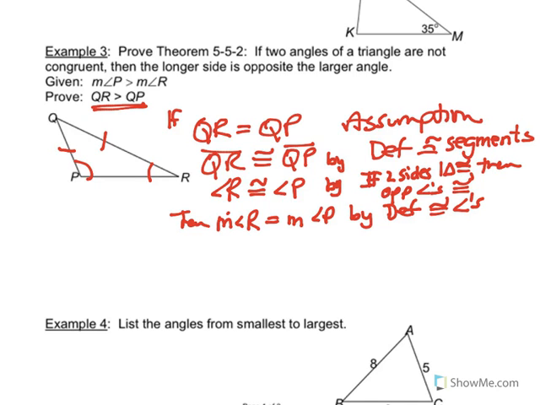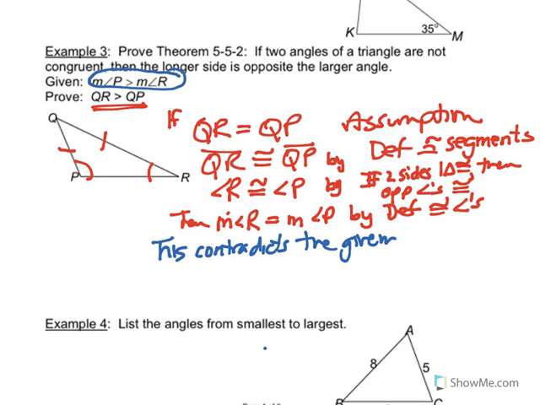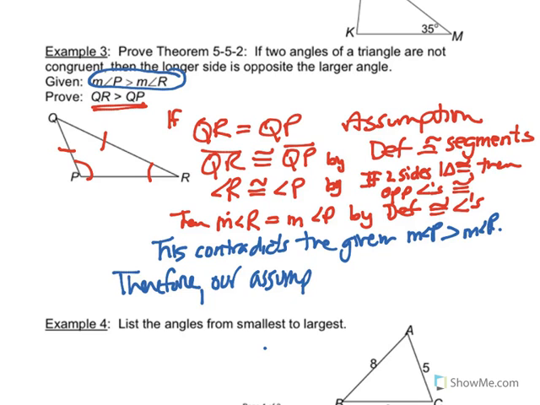But as we can see, once we've gotten to this point, that contradicts our given, that the measure of angle P is greater than the measure of angle R. Therefore, our assumption is false.